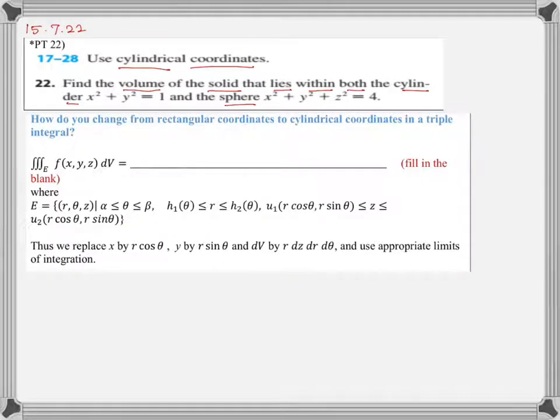So how do you change from rectangular coordinates to cylindrical coordinates in a triple integral? It's very similar to the formula we used in the previous problem.